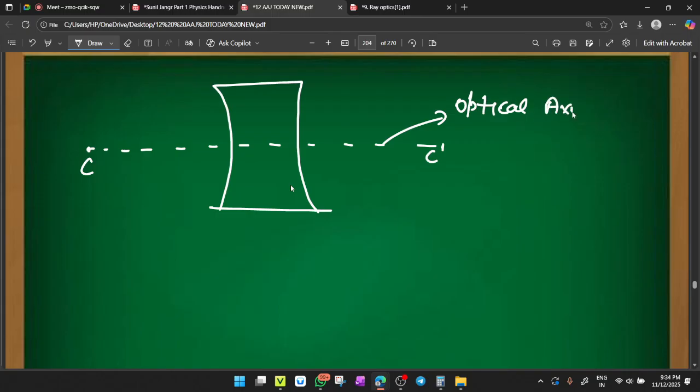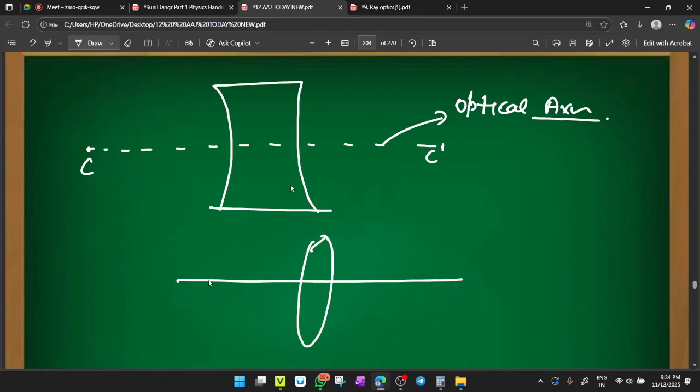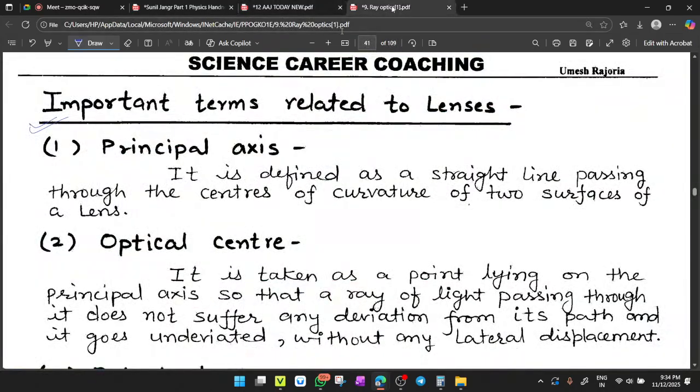Clear? Similarly, for the biconvex lens there are two centers of curvature, and this imaginary line is called the optical axis. Done. Principal axis is also called optical axis. In the case of a lens, it is also called optical axis. It is defined as the straight line passing through the centers of curvature of the two surfaces of a lens. Done.